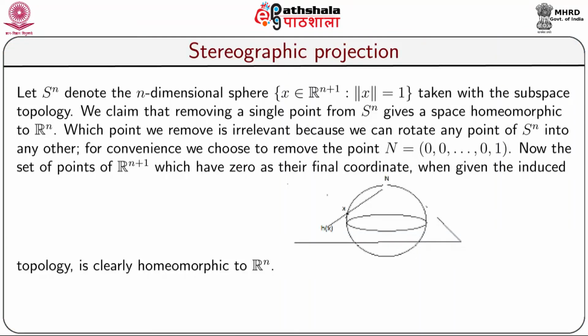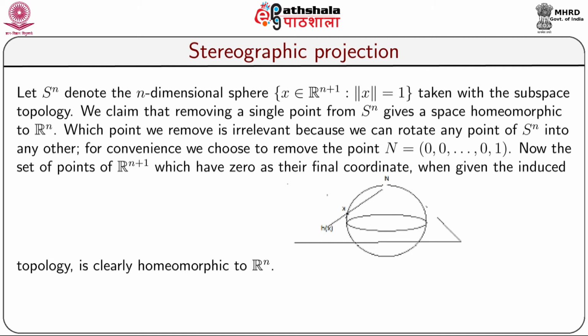Our next example is called stereographic projection. In fact, it gives a homeomorphism between a punctured sphere and the Euclidean space. To be more specific, let Sn be the n-dimensional sphere, all x belonging to Rn+1 such that the norm of x is equal to 1, taken with the subspace topology from Rn+1.